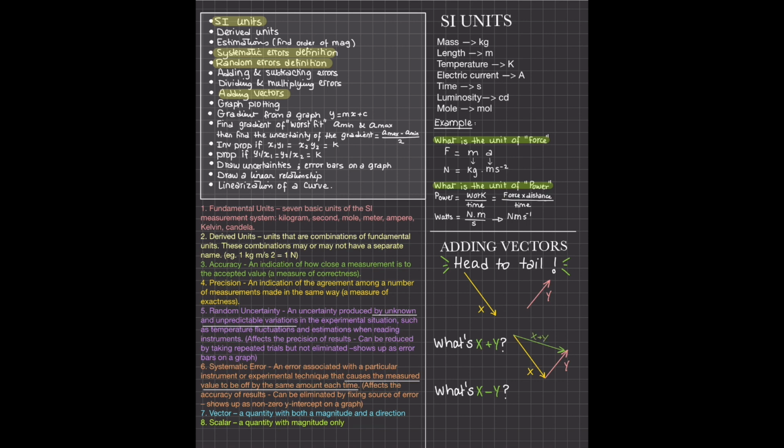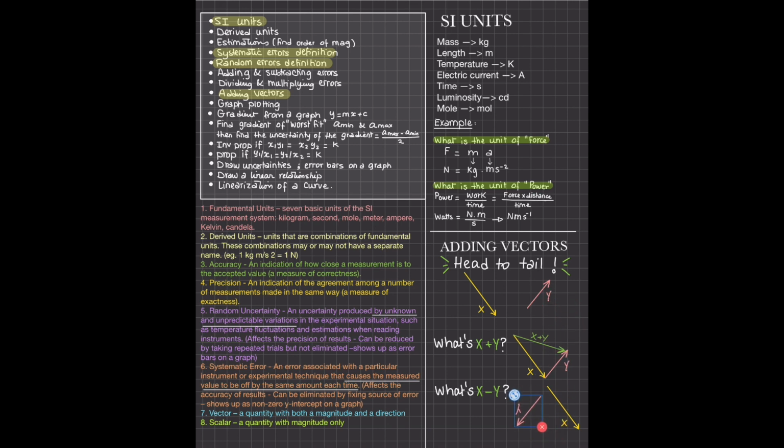For x minus y now, once again, x, we can drag it as it is. Now for y, if this is plus y, then minus y would be the opposite, and just make sure that it's the same size. So this is minus y then.